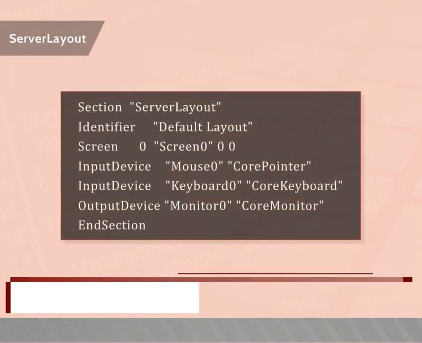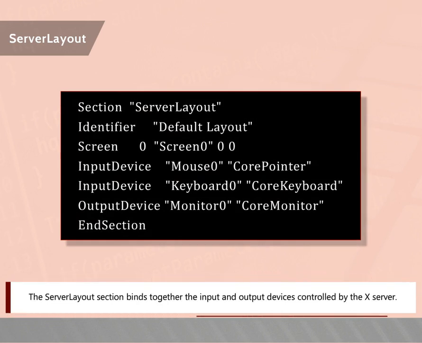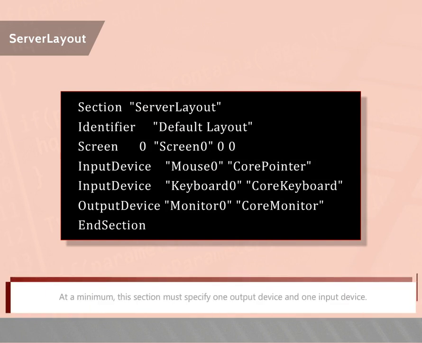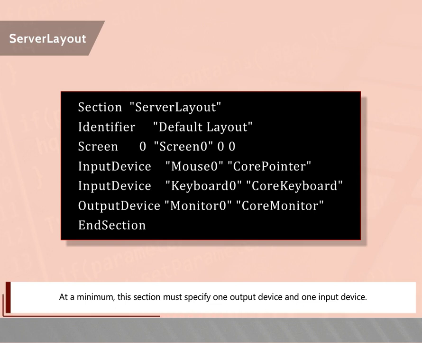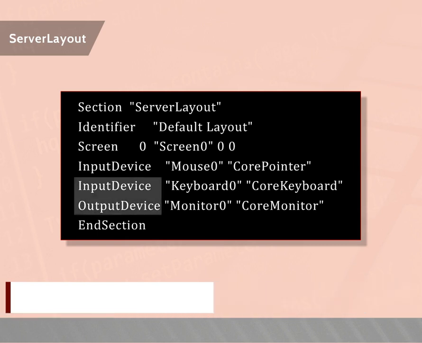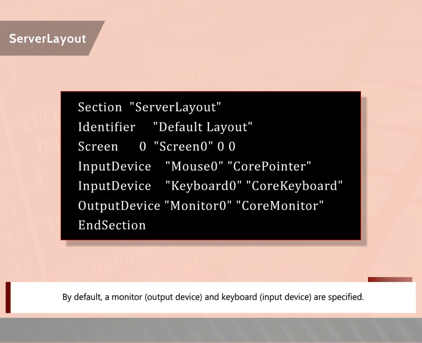Server layout. The server layout section binds together the input and output devices controlled by the X server. At a minimum, this section must specify one output device and one input device. By default, a monitor, that is the output device, and a keyboard, that is the input device, are specified.